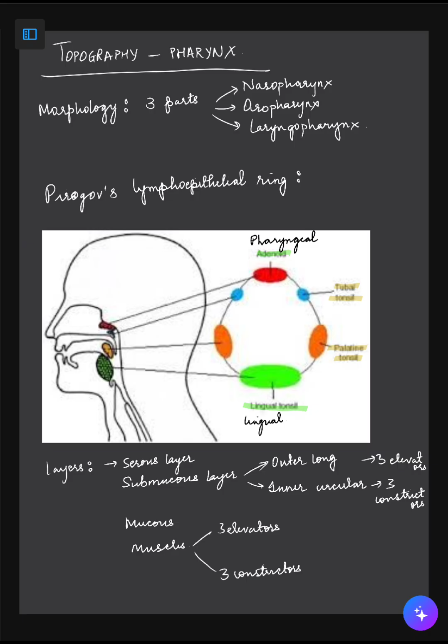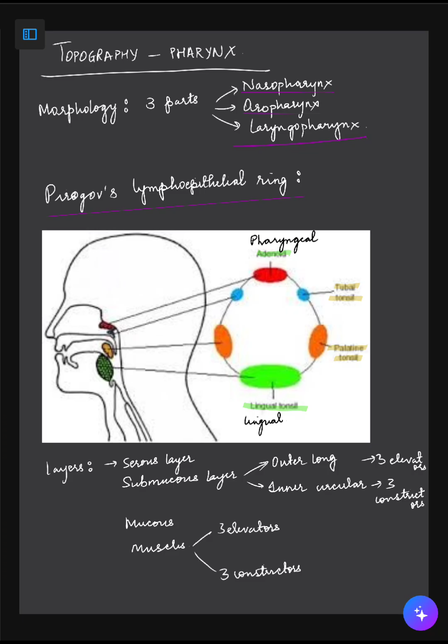Now we move on to the topography of pharynx. Pharynx morphologically is divided into 3 parts: nasopharynx, oropharynx, laryngopharynx. Now there are 6 tonsils which form Pirogov's lymphoepithelial ring.